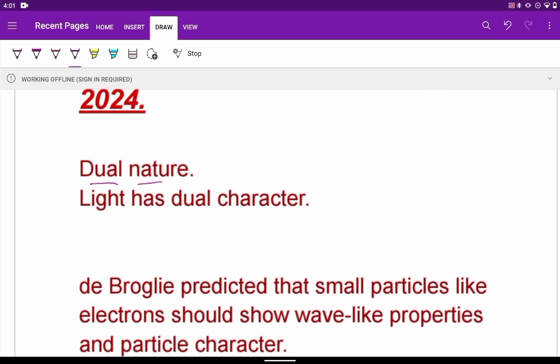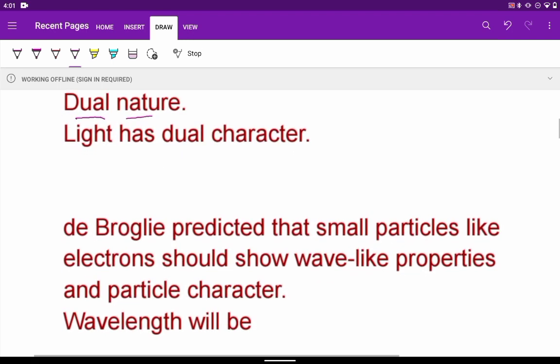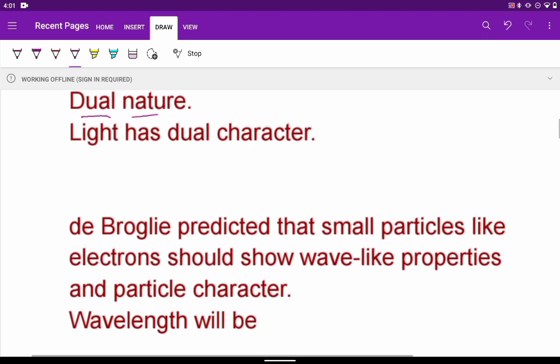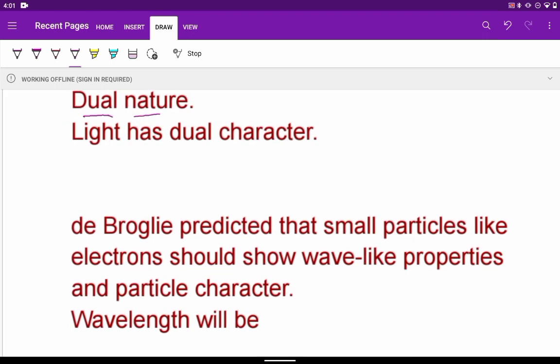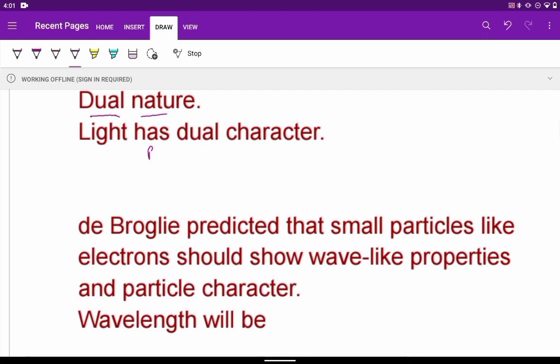Now see, we all know that light has a dual character. Dual character means that it will behave like a particle as well as like a wave. So dual character includes that it will behave like a particle, that is one part, and sometimes it will also behave like waves.